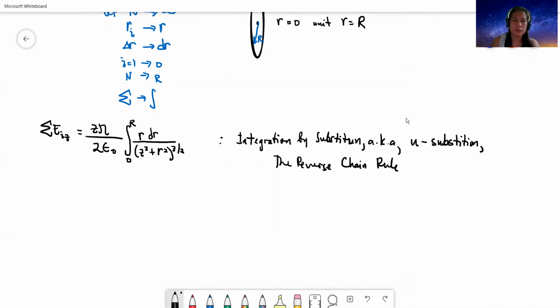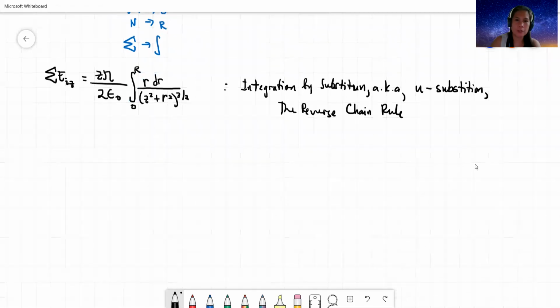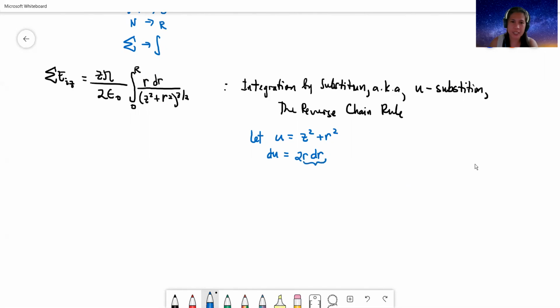So, the critical part in U substitution is defining your functions correctly. So, we will define functions here. So, we will let this function sa baba as our U. So, we will let our U function to be equal to Z squared plus R squared, such that if you get du, no, in terms of R, this will just be 2R dr. Eh, our intention is to have a substitute for R dr dito sa taas.